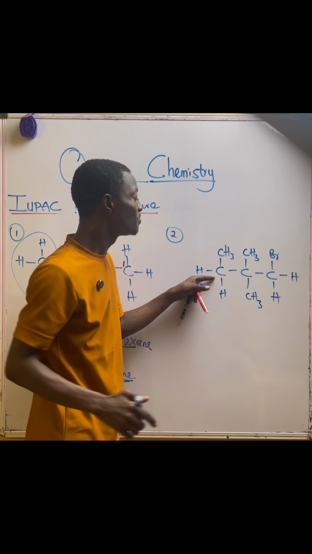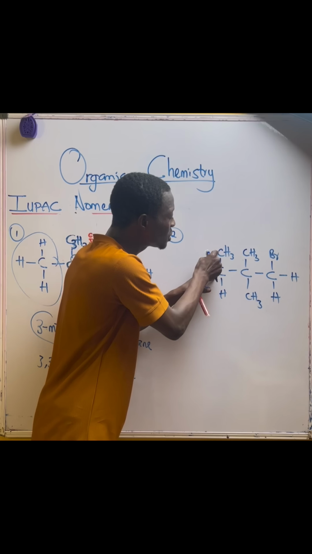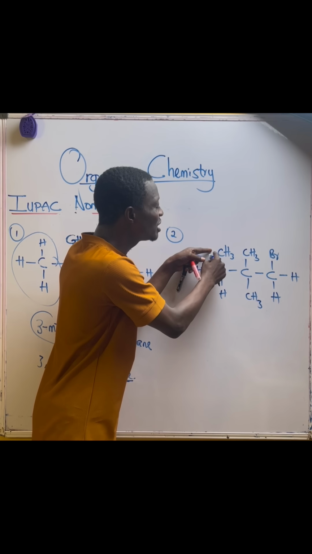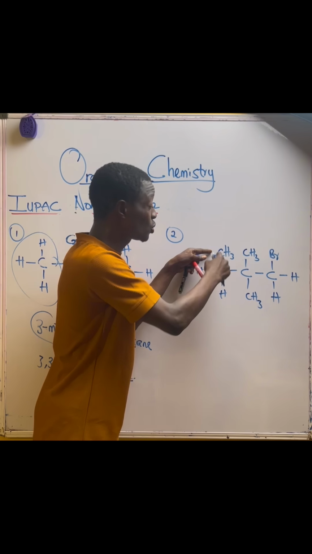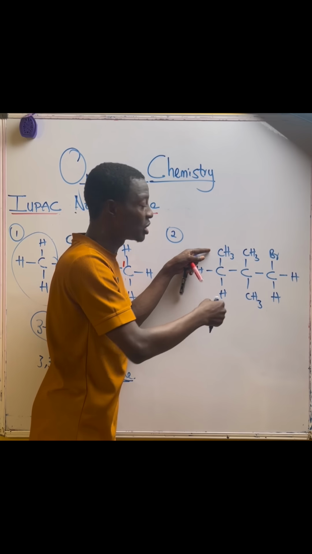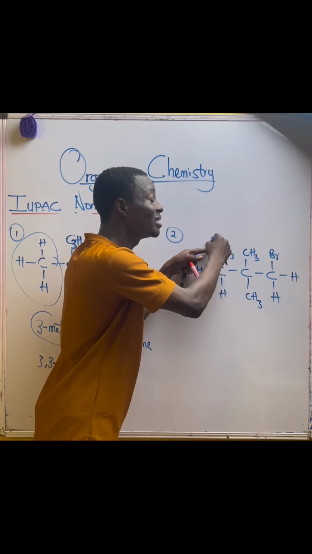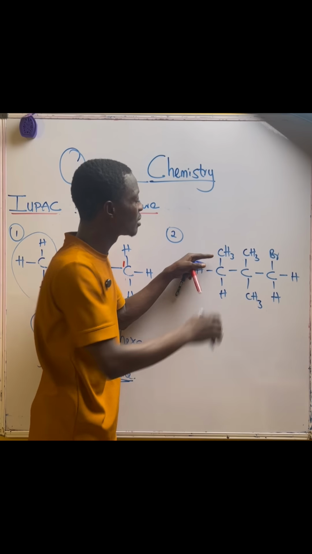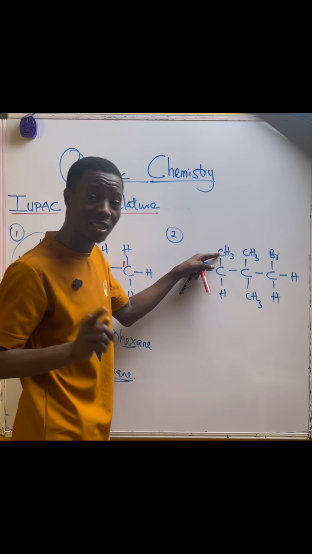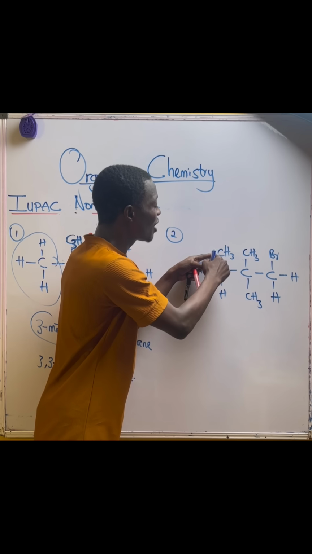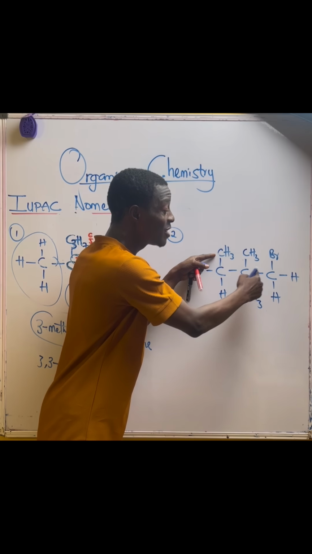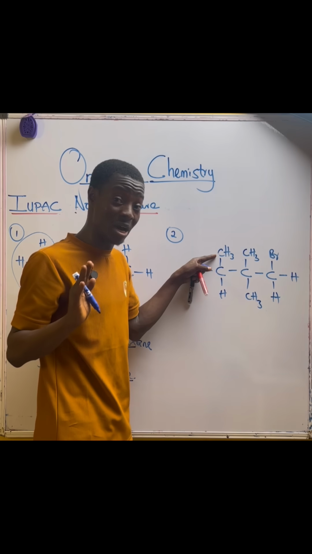That makes sense, right? So how am I going to count? I'm going to start from here because this one is not connected to two other carbons. It's only connected to one, which means that it's the one starting the chain. Does that make sense? So I'm starting here. If I count from here, what am I going to have? I'm going to have 1, 2, 3, 4. That's provided I didn't branch, okay?